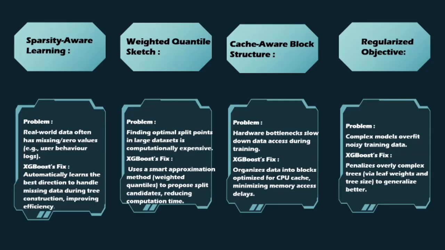Third, cache-aware block structure. It optimizes memory access patterns for faster gradient statistics computation by storing data in compressed in-memory blocks. Fourth, regularized objective. It controls overfitting by penalizing complex models through both L2 (ridge) and L1 (lasso) regularization in the loss function.